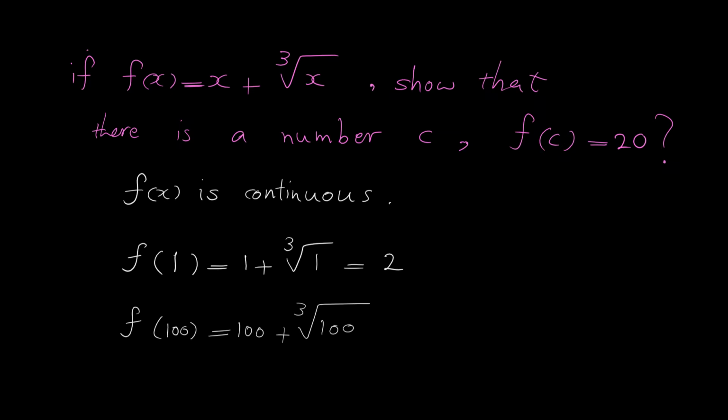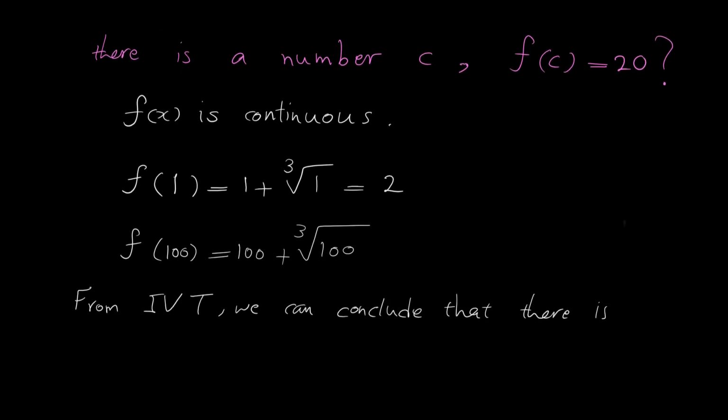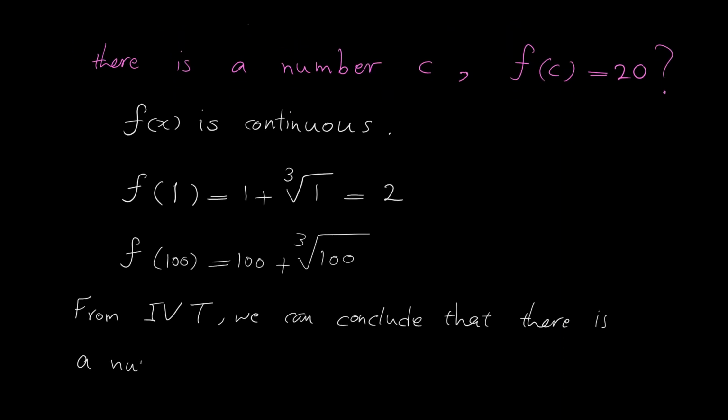Now, based on the intermediate value theorem, we say from IVT we can conclude that there is a number c between 1 and 100.